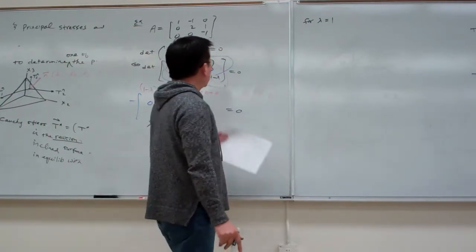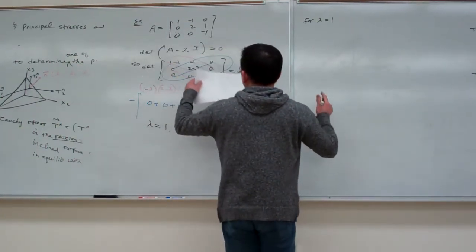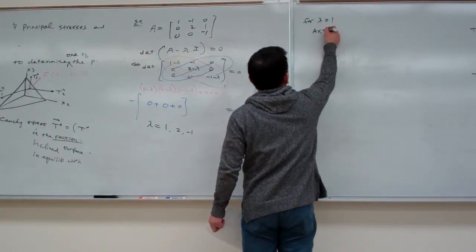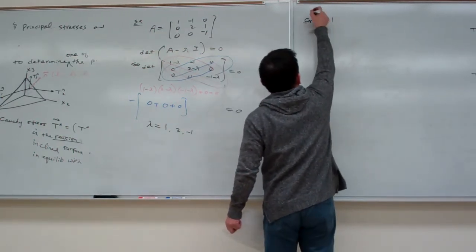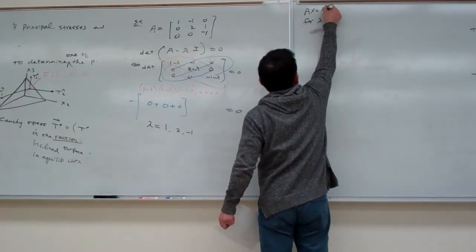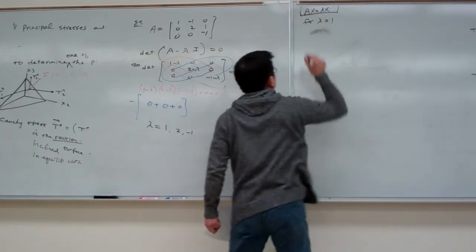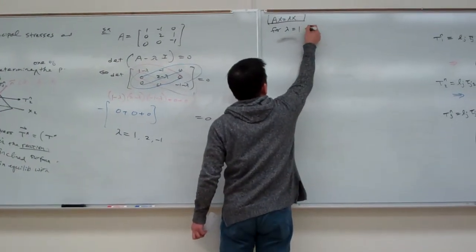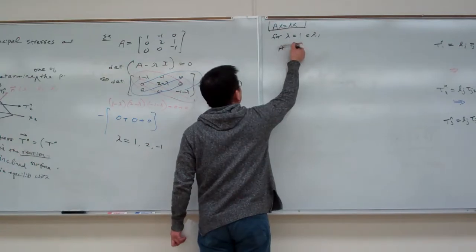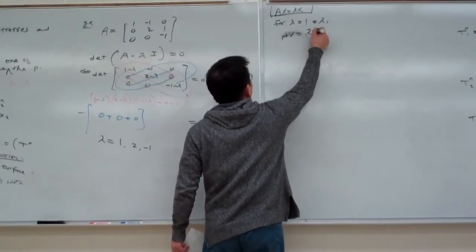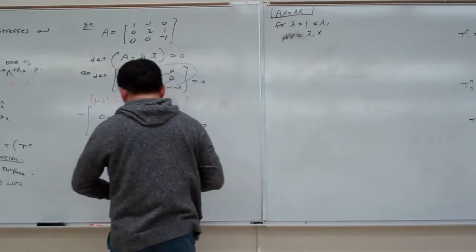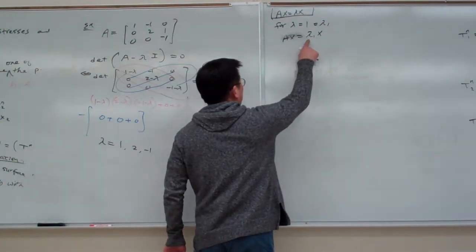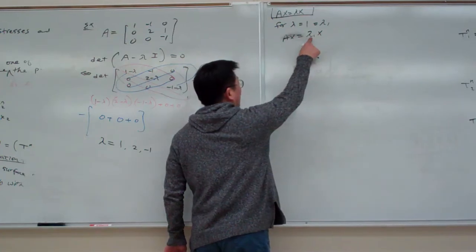For lambda equal to 1, we go back to the original Ax equal to lambda x. That is our original statement of the problem. For lambda equal to lambda 1, that means Ax equals lambda 1 x, and here the x is the eigenvector associated with the first eigenvalue.